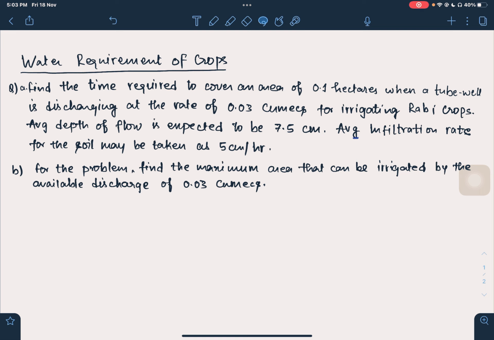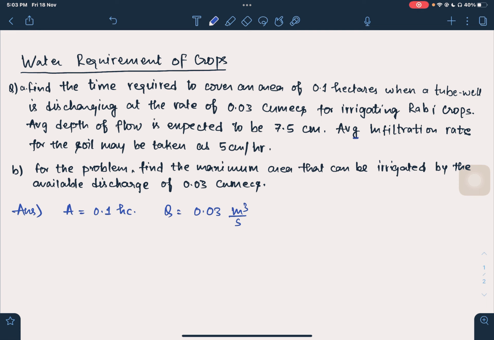Let's start with the answer. First, writing all the given values. Area is given as 0.1 hectare. Q is given as 0.03 cumecs, that is meter cube per second.